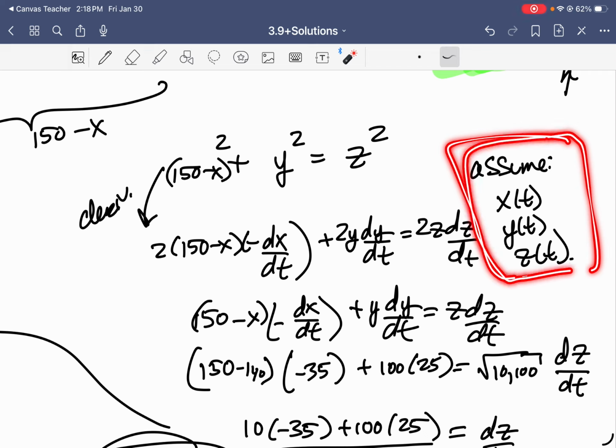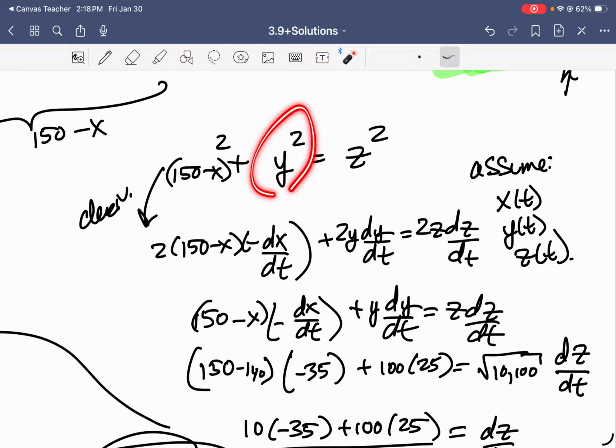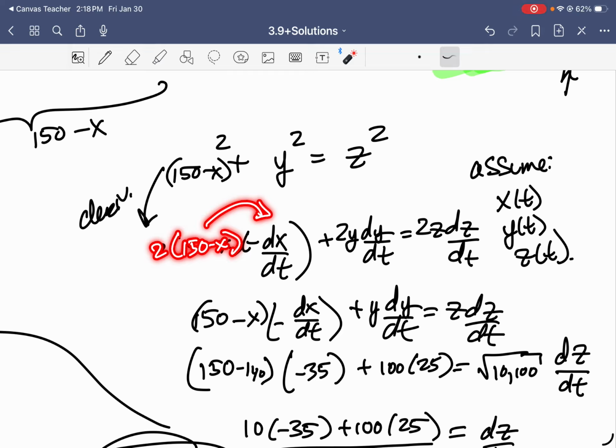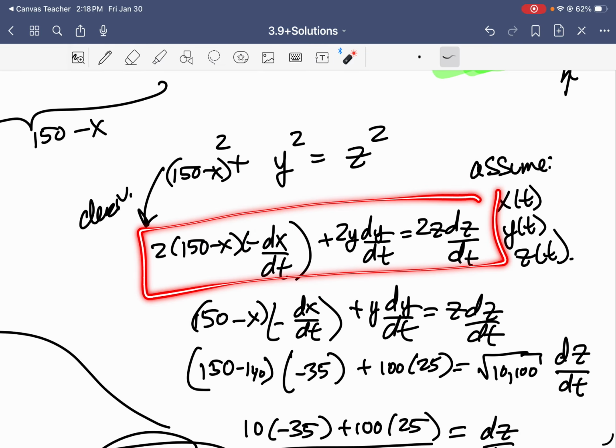Big assumption I'm making here is that x, y, and z are all functions of time. So I can take the derivative of this with respect to time, and I get 2y, chain rule gives me dy dt. And then the derivative of this, it's a function squared, so we get 2 times the function times the derivative of the inside, which gives me negative derivative of x with respect to time, and this is what I've got.